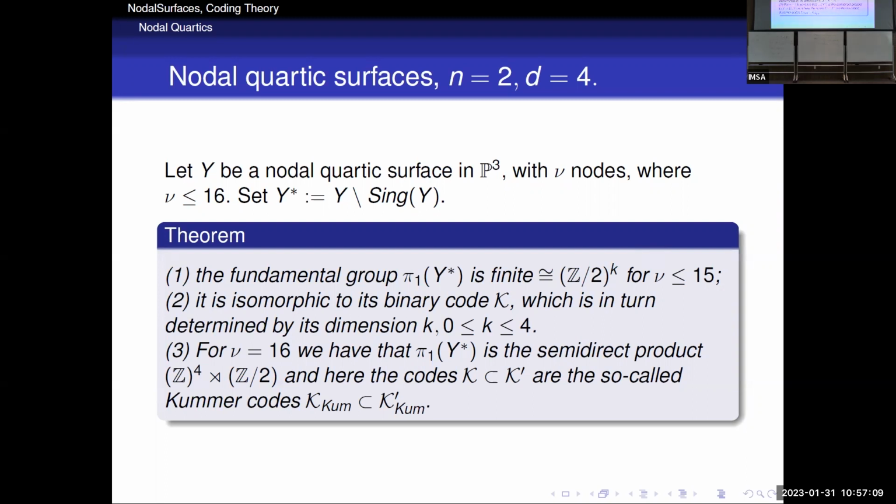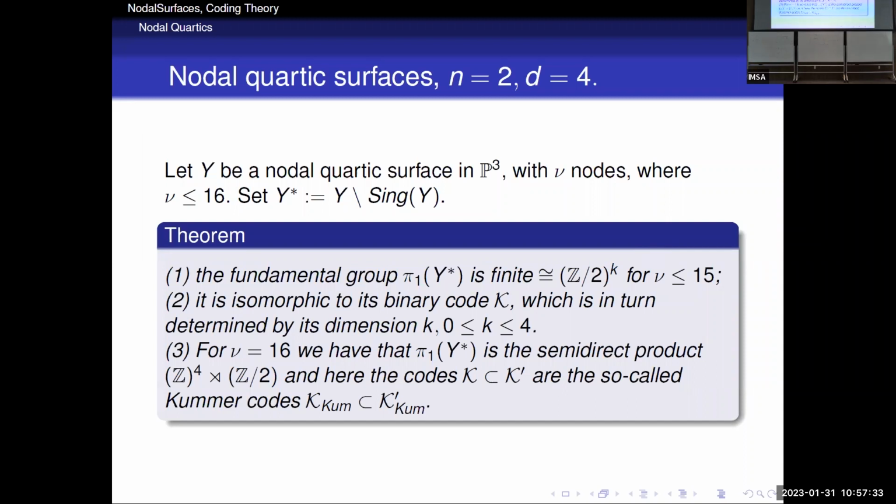It is isomorphic to the smaller binary code, which is in turn determined by its dimension. Whereas for the Kummer quartic surfaces, the fundamental group is the semi-direct product of Z to the 4th extended by Z mod 2.